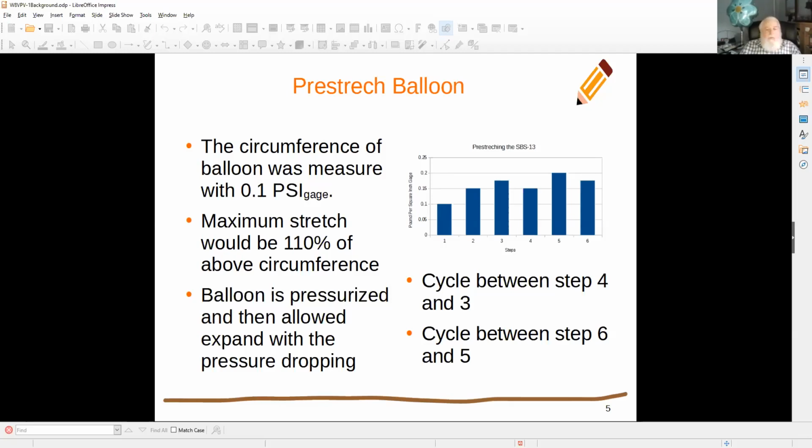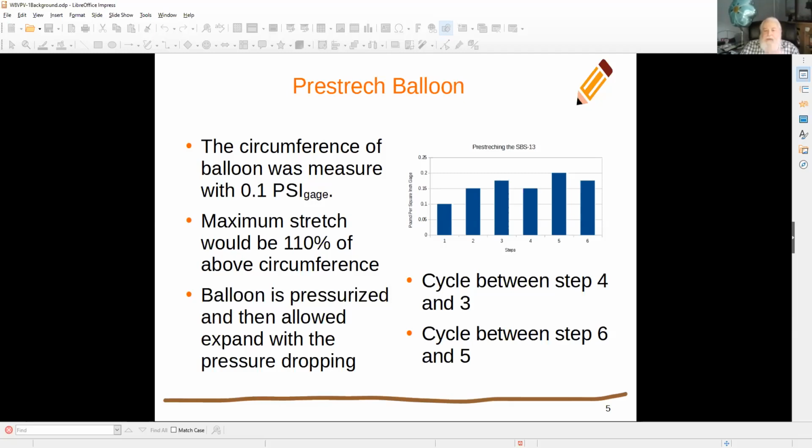And we checked every so often to make sure that we did not exceed a stretch beyond 10% of the original circumference. I think our final pre-stretched balloon got to about 7 or 8% above. I believe that's what we found out, Mel.